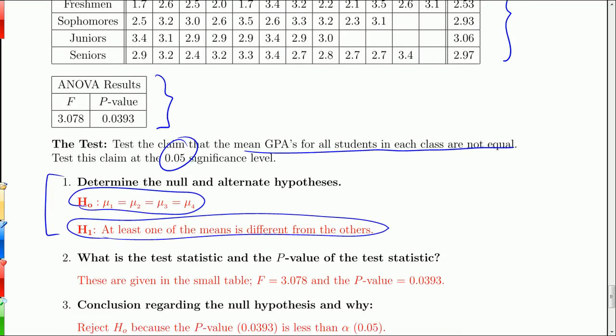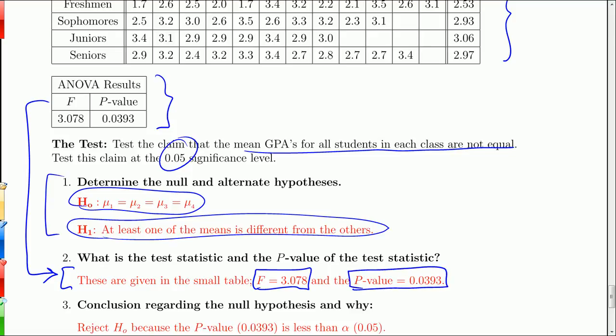What is the test statistic and the p-value? You're in luck there because I gave that information to you that I obtained with software. I did not calculate that by hand. And the test statistic is 3.078. But more importantly, the p-value is 0.0393. That gives us an indication of how extreme this F-value is.